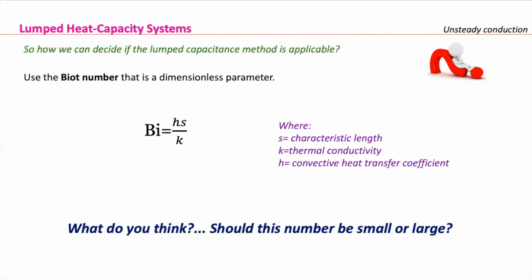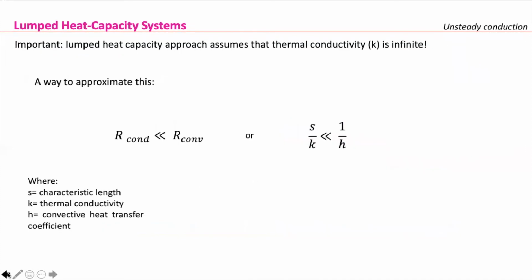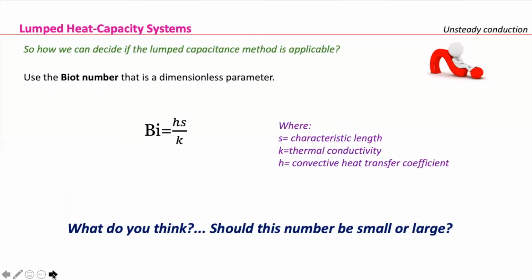Well, very simple. We can calculate a dimensionless parameter named the Biot number, okay? Where S is the characteristic length, k is the thermal conductivity, and h is the convective heat transfer coefficient. And based on what I established in the slide before, S over k being much smaller than 1 over h for a lumped heat capacity system, what do you think? The Biot number should be a large number or a small number?